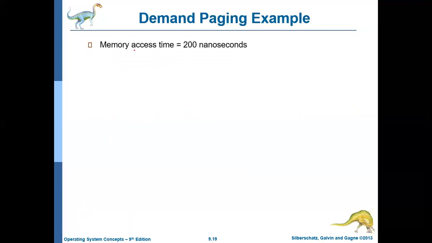Let us assume the memory access time when there is no page fault is 200 nanoseconds. That is, the requested page, whatever the logical address created by the CPU, is available in the main memory. To access that, how much time is required for the CPU? It is just 200 nanoseconds. Let us assume the average page fault service time is 8 milliseconds.